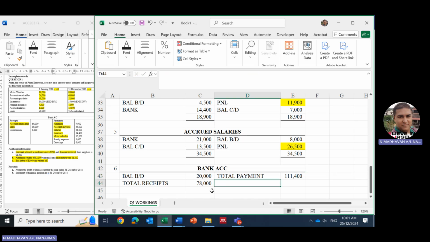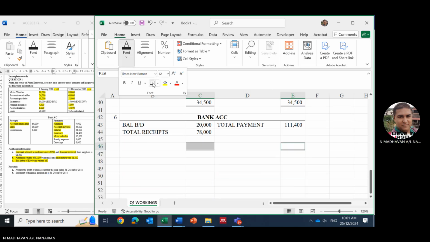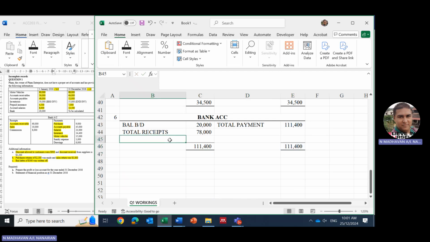Correct? Did you get the same answer with me? Okay, good. So therefore, debit bigger or credit bigger? I think credit is bigger. Correct not? So 11,400. So balance carried down how much?